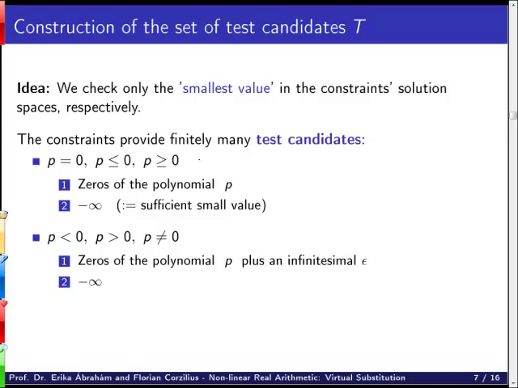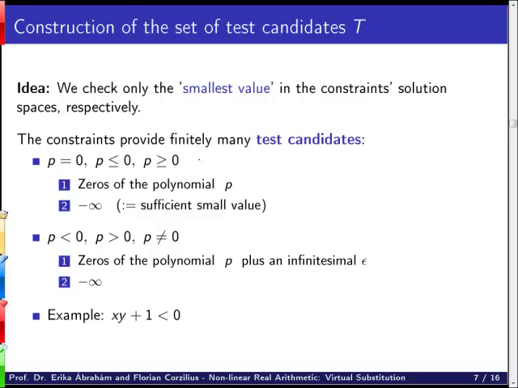Okay, let's take one example here. So construct for this constraint, please, all test candidates. So test candidates are constructed this way. You take a look at the relation symbol. It is smaller. It would be the second case. And then, well, for the first, the zeros plus an infinitesimal.